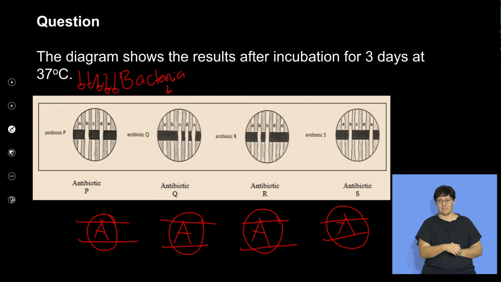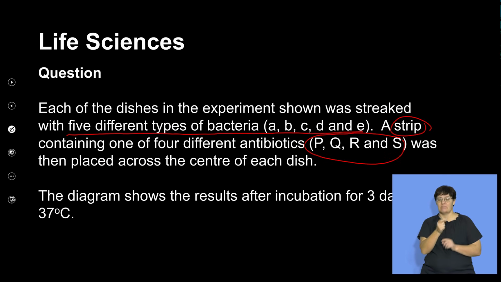Each of them has got 4 strips of bacteria, and the dark black strip is going to be the antibiotics, which was then placed across the center.